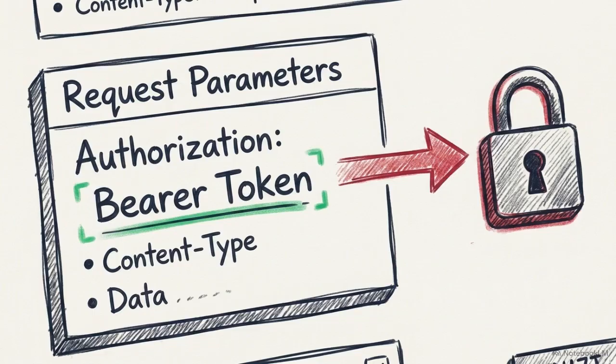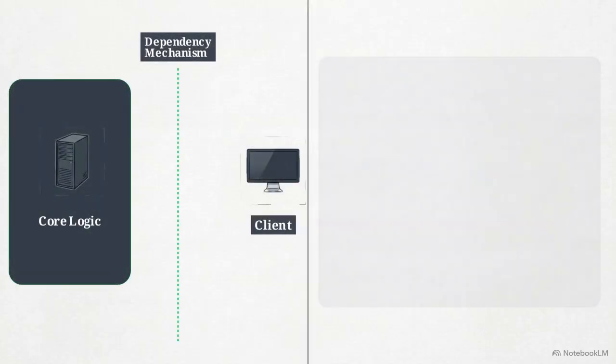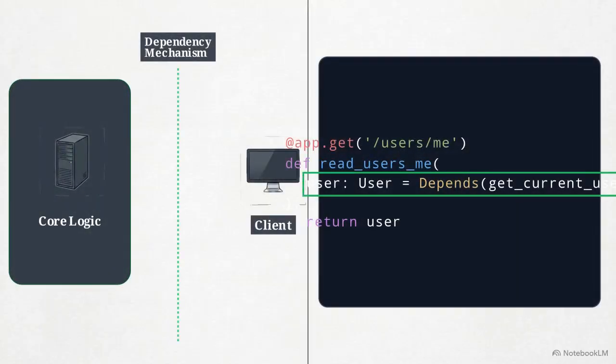In Step 3, the client attempts to access a protected endpoint, such as users/me, by providing the JWT in the header. FastAPI simplifies this using dependency injection. By using the depends function, the framework can automatically extract and validate the token before the route's logic is even triggered. In Step 4, the server uses its secret key to verify the token signature.